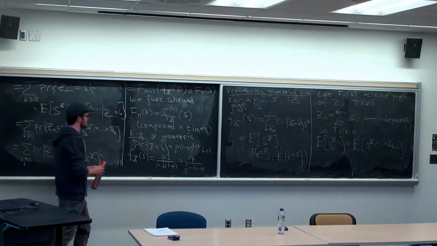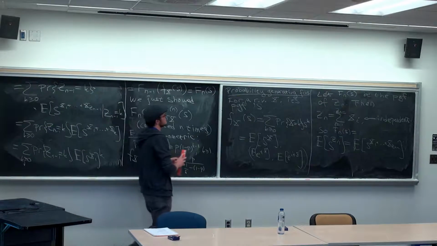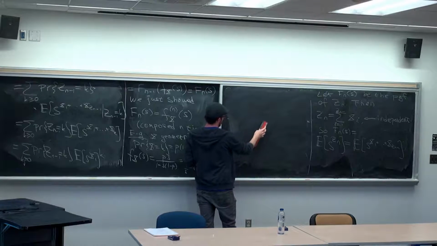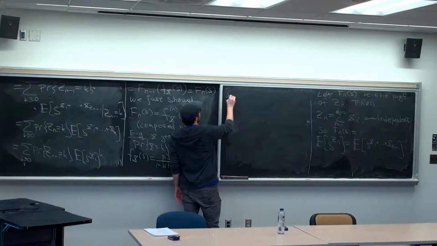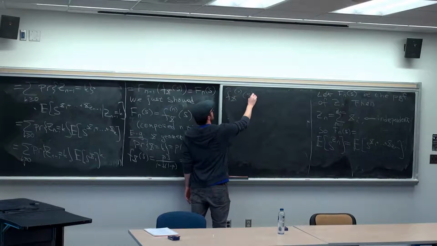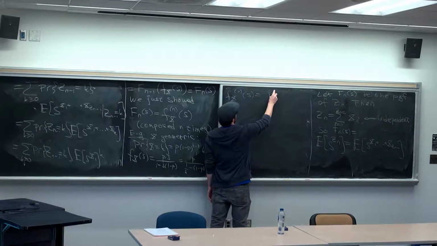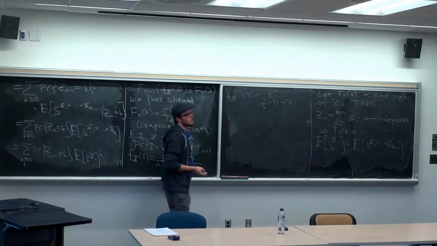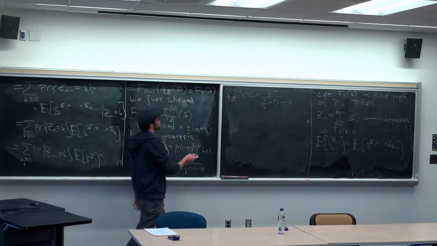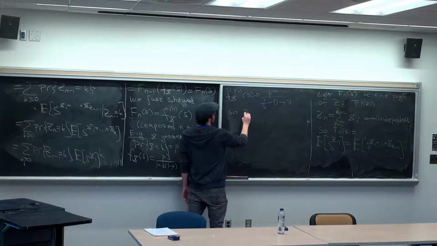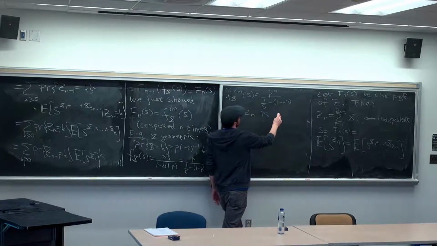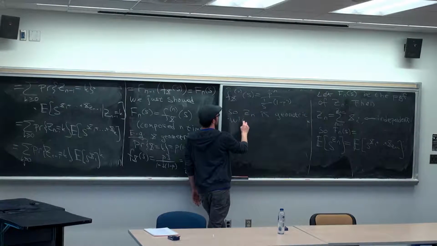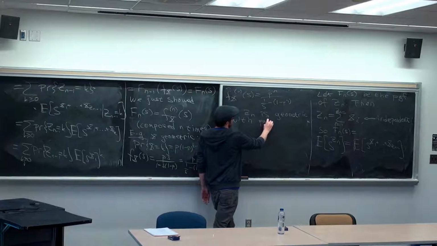Now this is very nice to compose with itself, because if we do this n times, what we get is p^n divided by (1/s minus (1 minus p)^n). So you can read out from this that Z_n is geometric with parameter p^n.